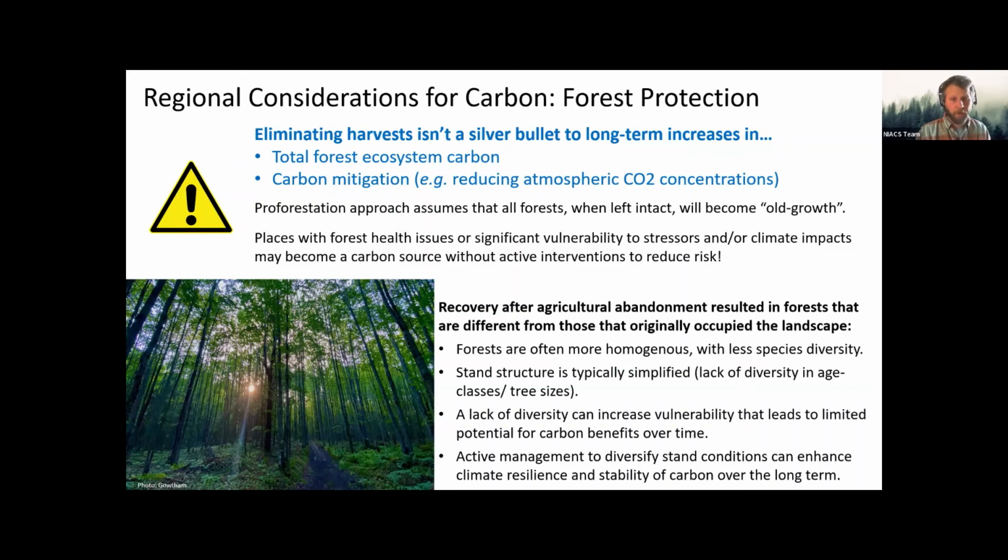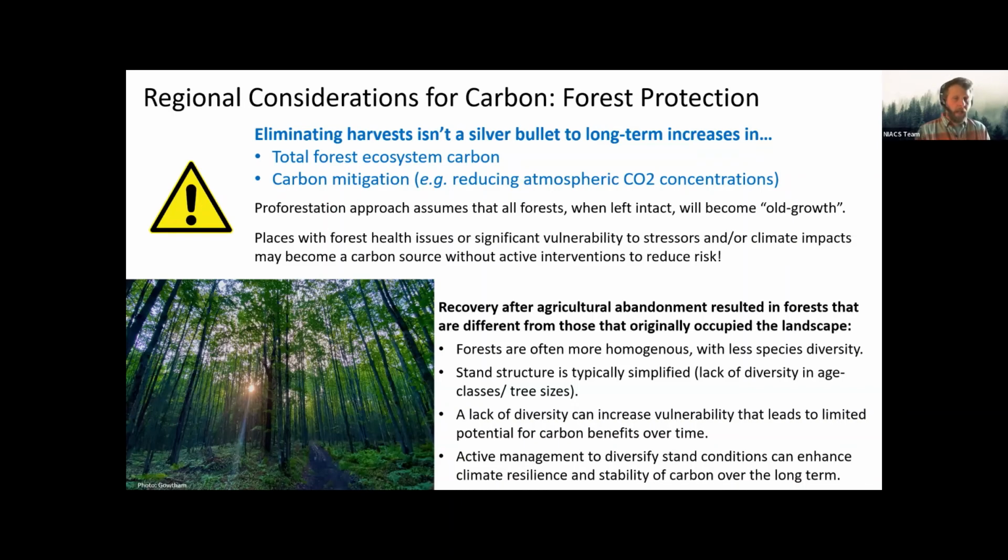It's not appropriate everywhere, given the risks of disturbance and forest health issues and carbon losses, and some folks who are really advocating for proforestation, the messaging is around this idea that it should be implemented everywhere, and that we just need to stop managing.